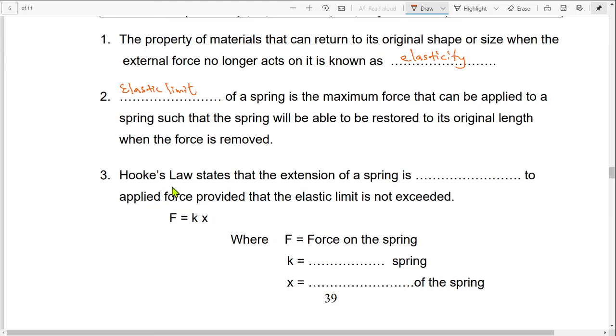And then Hooke's law. Okay, what does Hooke's law say? Hooke's law simply says that the extension of a spring is directly proportional to the applied force, provided that the elastic limit is not exceeded.